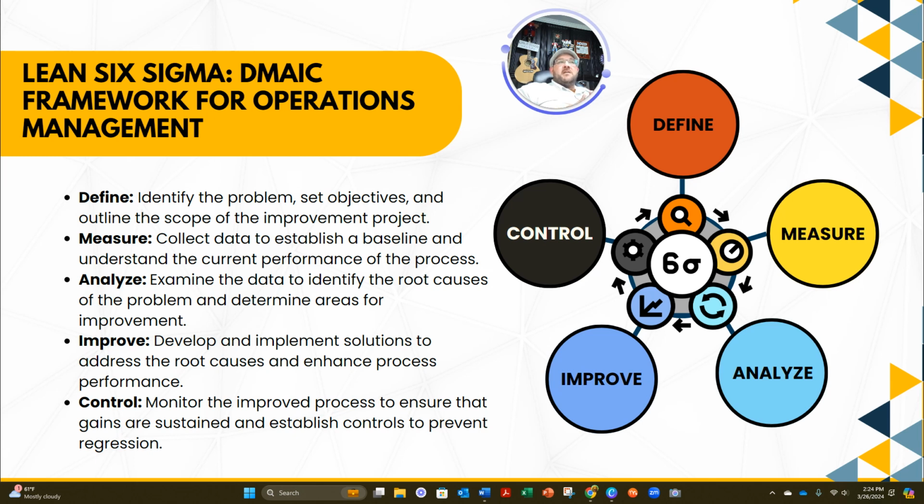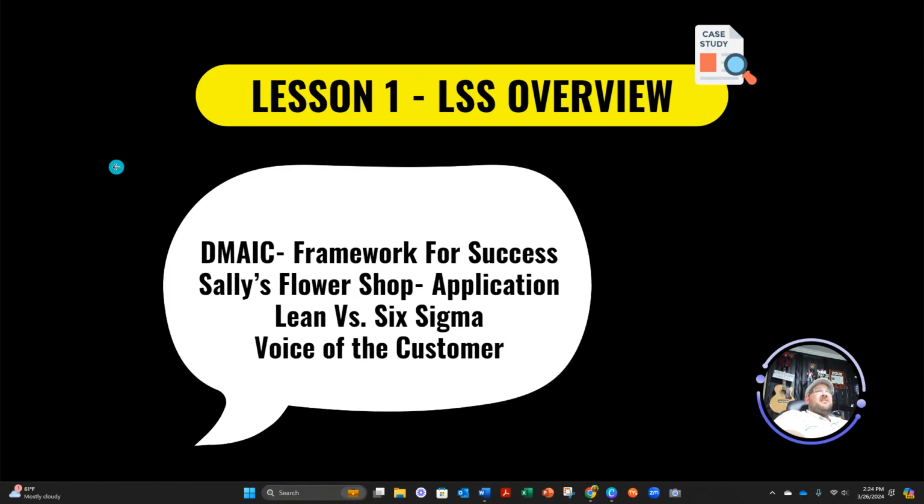From there, we're going to control the process. We do this by monitoring the improved process to ensure that its gains are sustainable, meaning that our process improvement is continued, and we can establish controls to prevent regression, or it falling back to the way things were before.